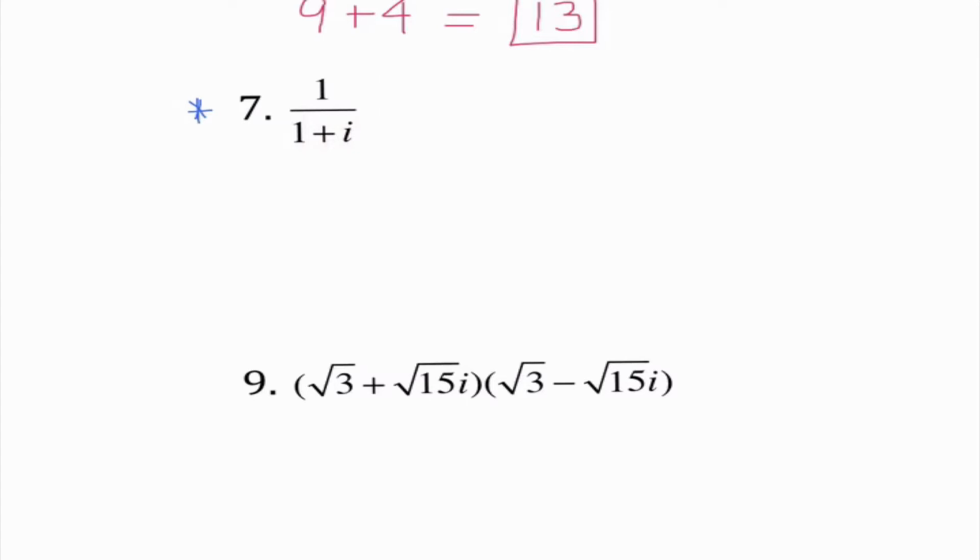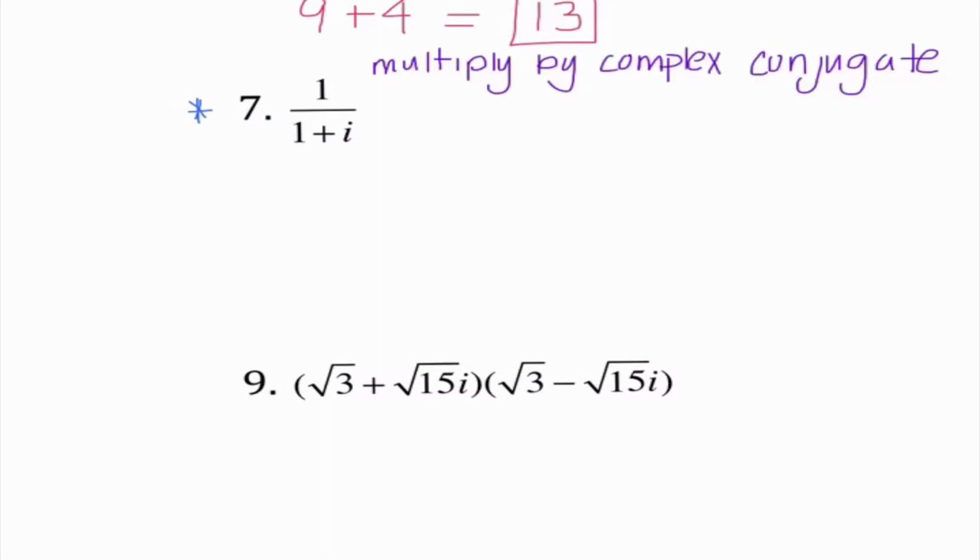A lot of times we can just multiply by i over i or something like that. However, this time I have a binomial. So what we're going to go ahead and do is multiply by the complex conjugate. We learned a complex conjugate means I have the same two terms, we just change the sign in between. Since we have an expression here, if I multiply by anything, I need to multiply by 1.